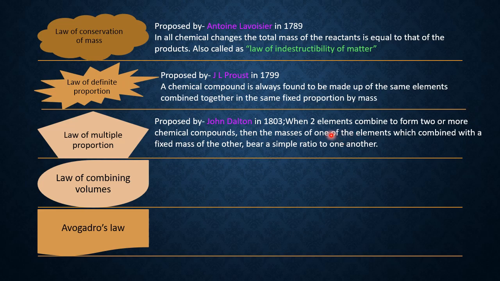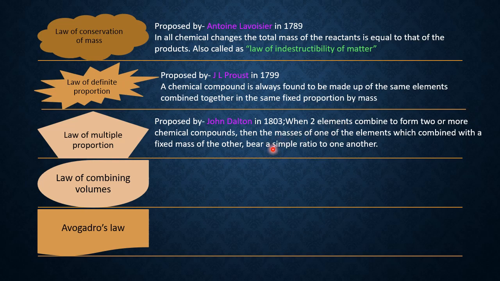In water it is 1 O, whereas in hydrogen peroxide it is 2 O. So you don't go for the ratio of the hydrogen which is fixed here. You go for the ratio of the oxygen which is not fixed. So the ratio of O between water and hydrogen peroxide bears a simple ratio. That means atoms participate wholly in the chemical reaction. That is the conclusion.